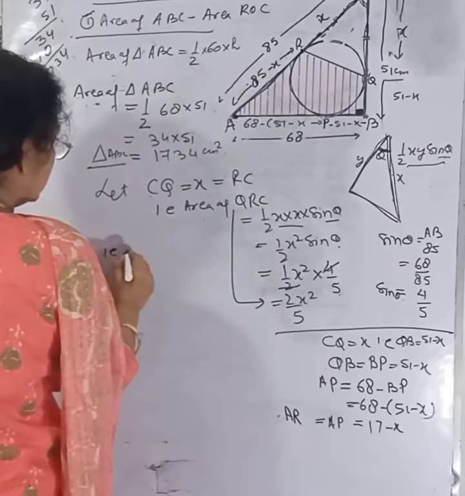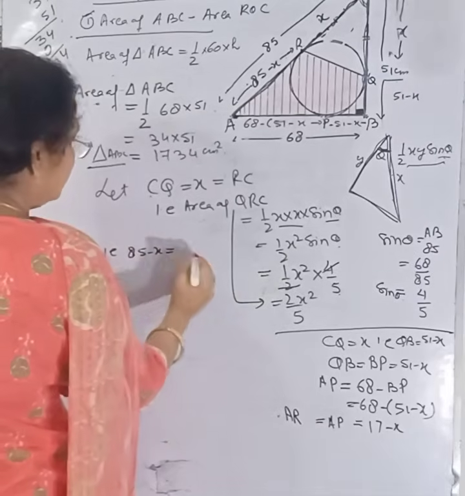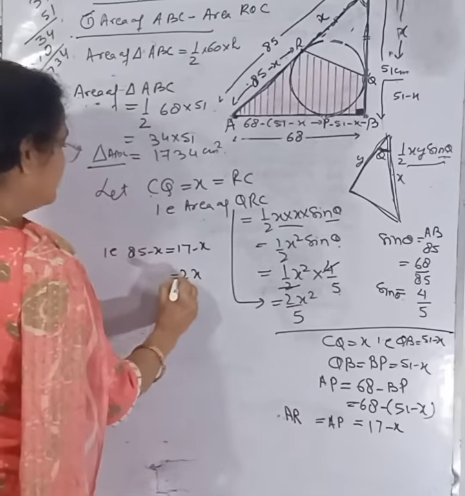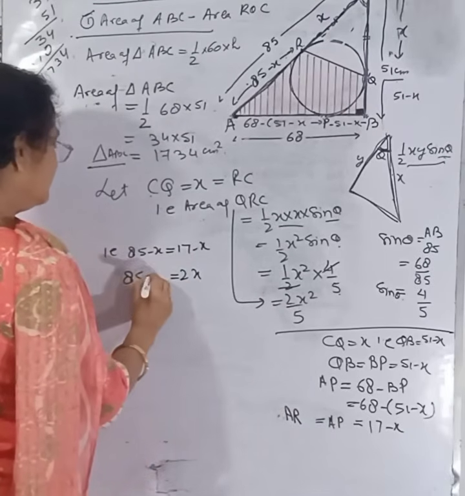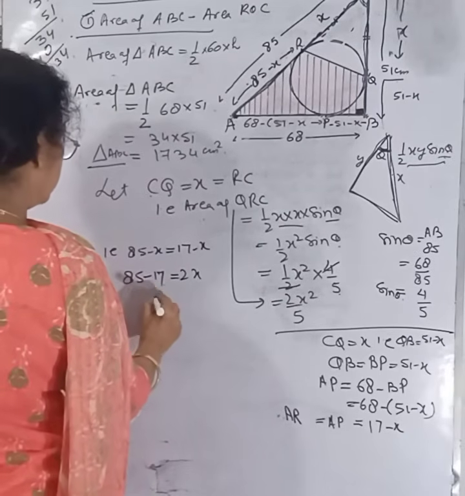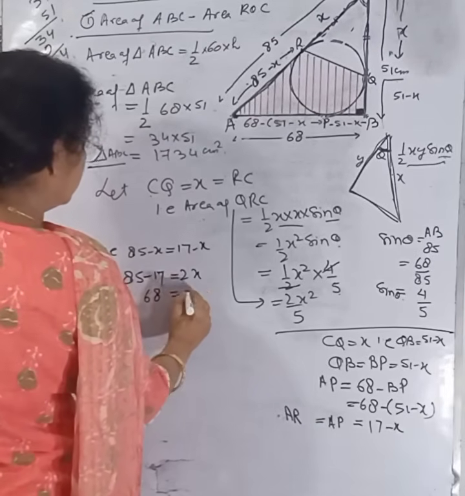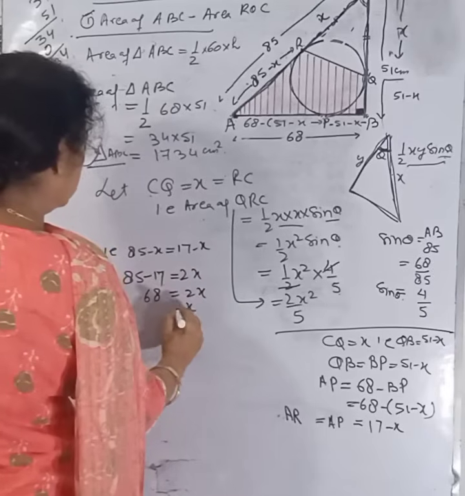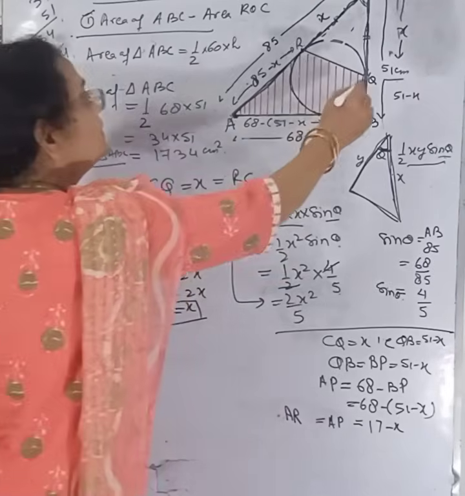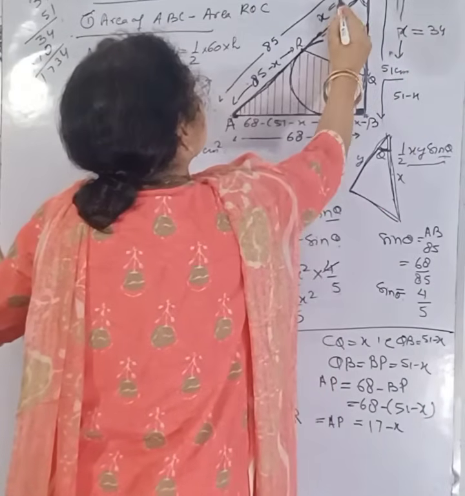Now 2x will be equal to 85 minus 17. This will be equal to 68, so 2x is 68. It means x will be equal to 34. The value of x came to 34. It means this side is 34, and this is also equal to 34.